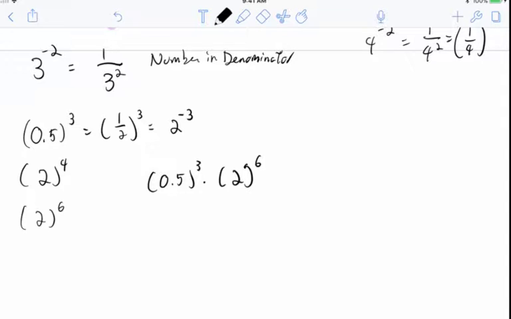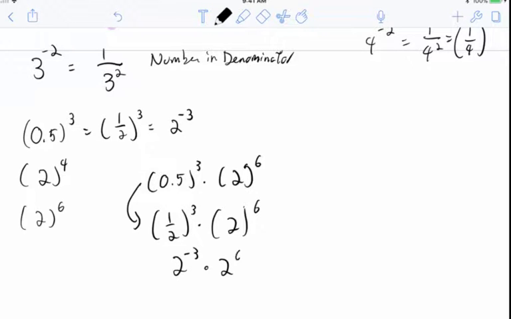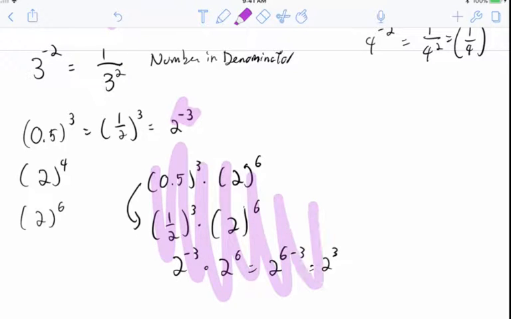What you do is you change the base, and then you write this as 2 to the minus 3 times 2 to the 6, which is equal to 2 to the 6 minus 3, 2 to the 3. Which is the same as you would get numerically. Okay? So that's really neat. We've expanded the way we interpret the exponent to include negative numbers, and instead of making things more complicated, it's actually simplified the types of calculations I'm able to easily do.